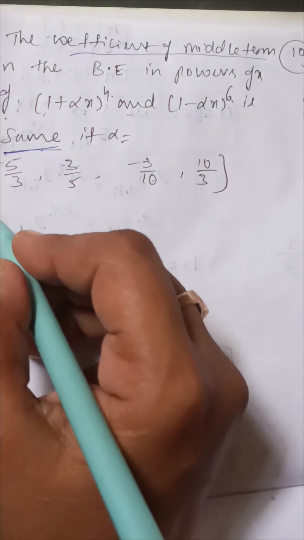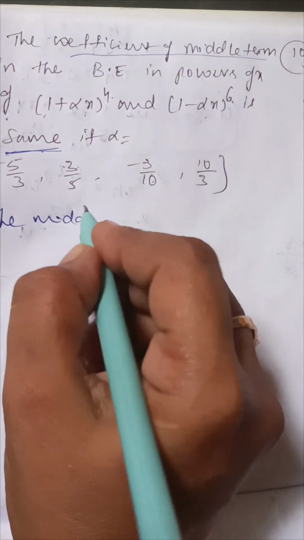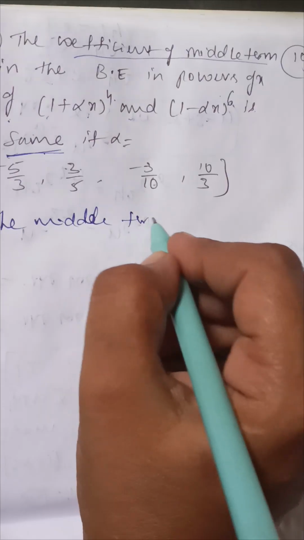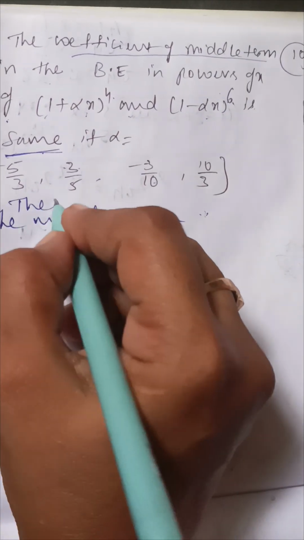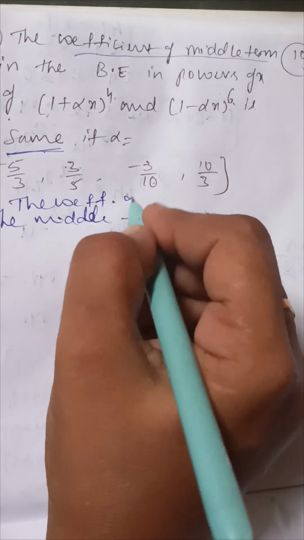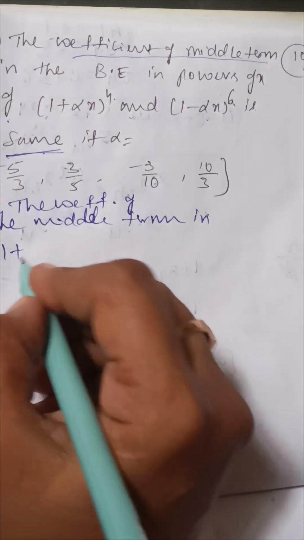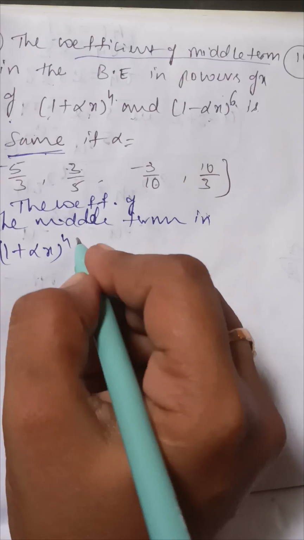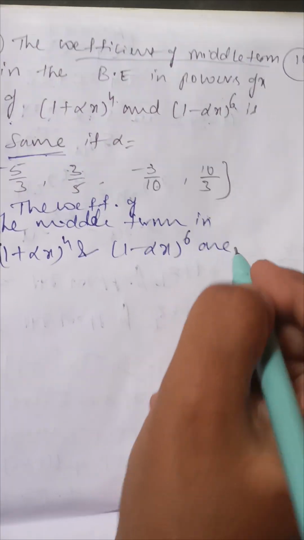So the exact middle term, first write the middle terms: the coefficients of the middle terms in (1 + αx)^4 and (1 - αx)^6 are same.